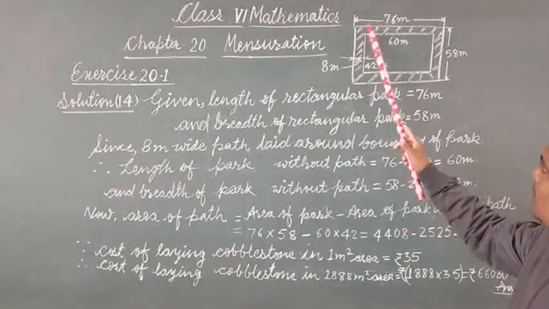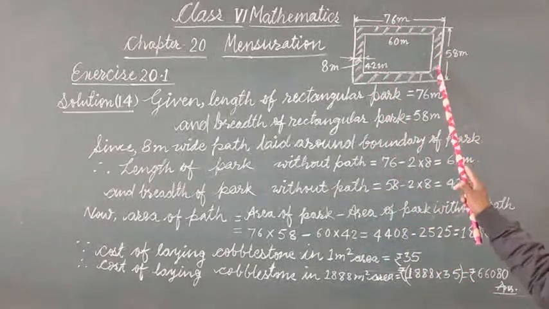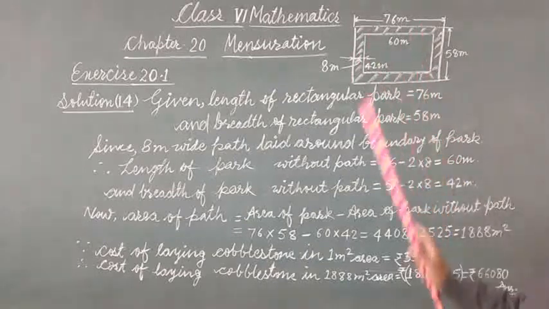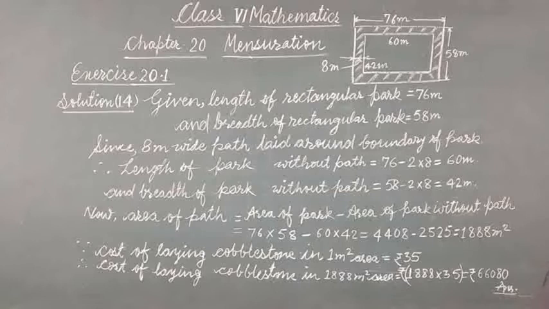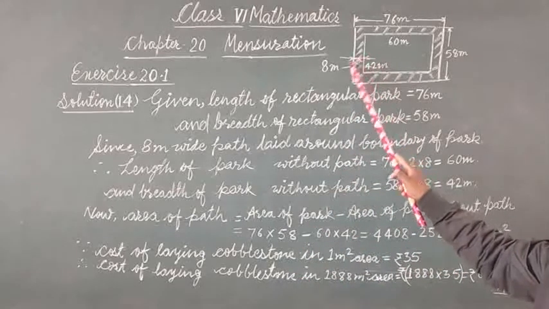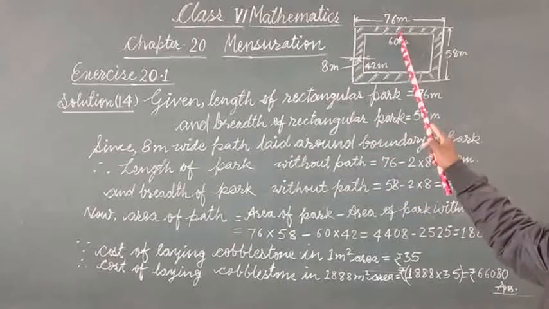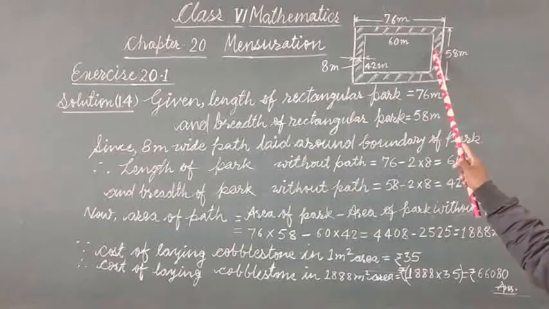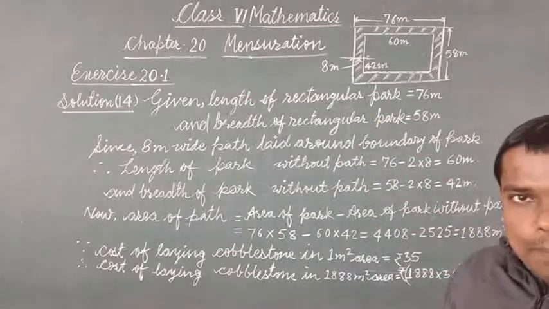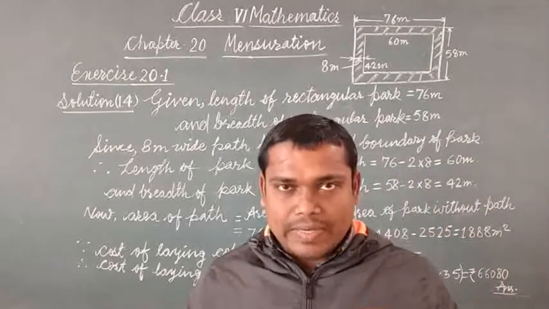An 8 meter wide path is around the boundary of the park made here. The width here I have shown 8 meter, here also 8 meter, here also 8 meter, and all around an 8 meter width path is given.